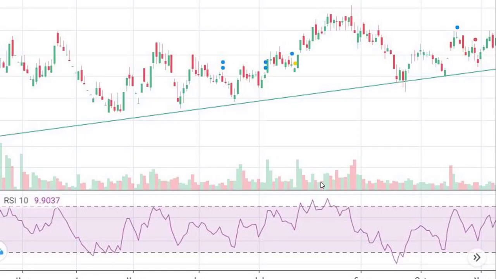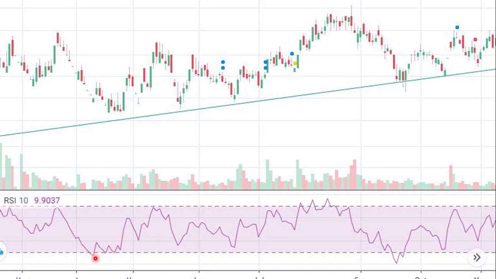Okay, let's continue, guys. This is the RSI indicator with a period of 10 days, and also we have an upward trend, and I have combined a support line and the RSI indicator. Let's see.